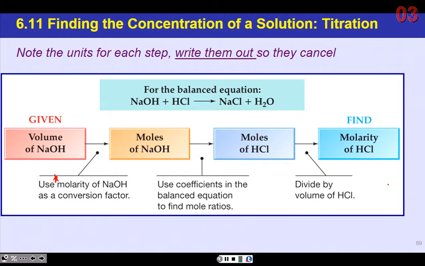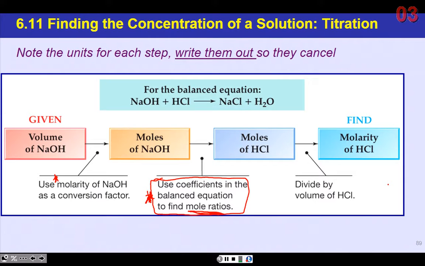We're going to use the molarity of the sodium hydroxide as a first conversion factor to find out how many moles there are. But again, we always have to come back to moles. And the moles are going to be determined from the coefficients of the balanced equation using our good friend, the mole ratios. As long as you've got a balanced equation as your starting point, everything is fine.